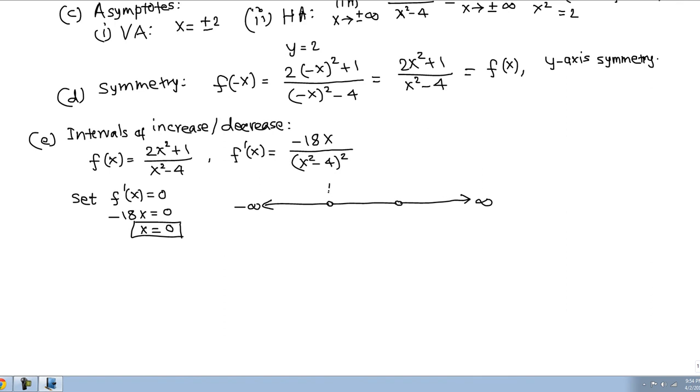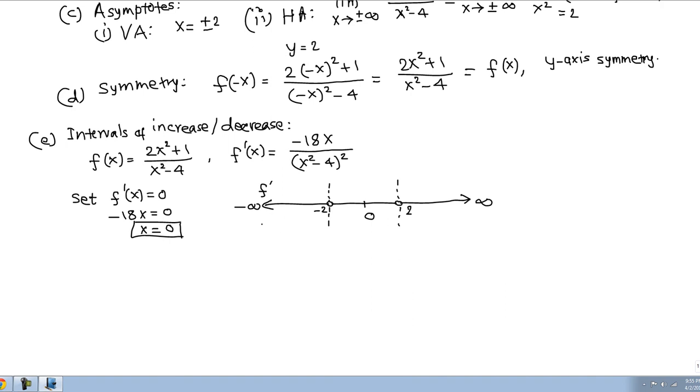We have vertical asymptotes at 2 and negative 2, and we just found a critical number, 0. So 0 is here. We need to test negative infinity through negative 2, negative 2 to 0, 0 to 2, and 2 to infinity. 4 intervals. We need to test the sign of the first derivative.